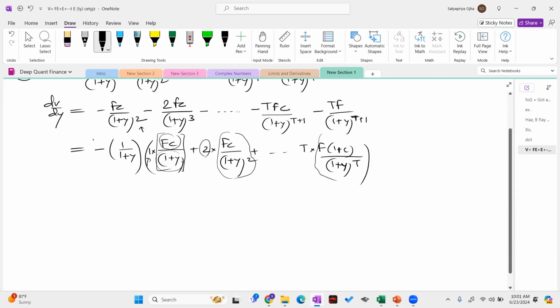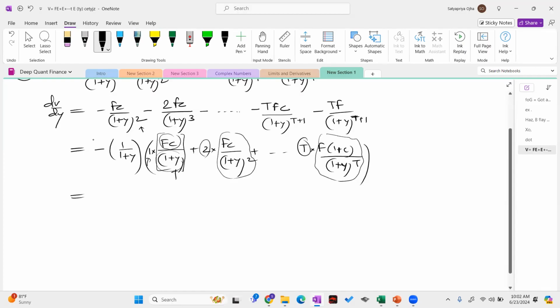PV of the final cash flow, which is principal and coupon, multiplied by the time when it comes to you. This part is the weighted sum of all the cash flows. Okay, weights are the PVs and multiplied by the respective times.